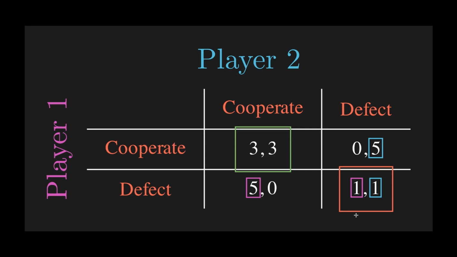So what this means is that player 1 and player 2, following their individual incentives, push this game towards a suboptimal outcome. We have our socially efficient outcome and our incentive outcome, our Nash equilibrium, and these two things do not match.